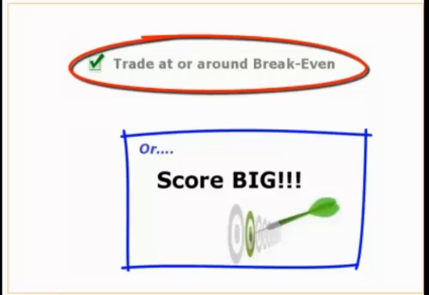But we do need a basic mindset, and the mindset is this: when we trade over the series, we want to attempt to trade at or around the break-even level, or score big. Okay? I use the same mindset in day trading.